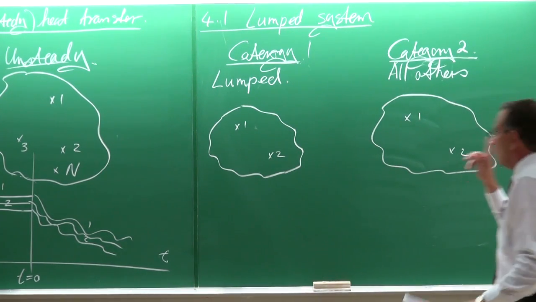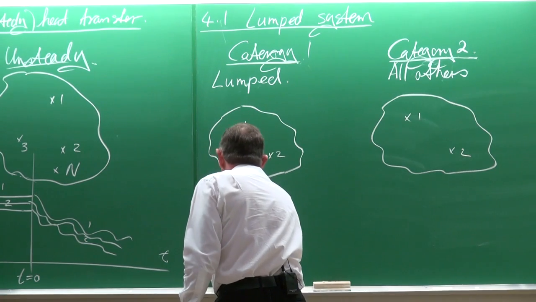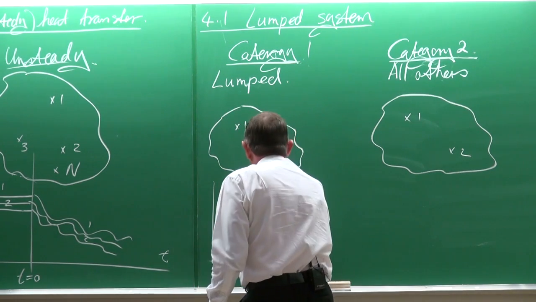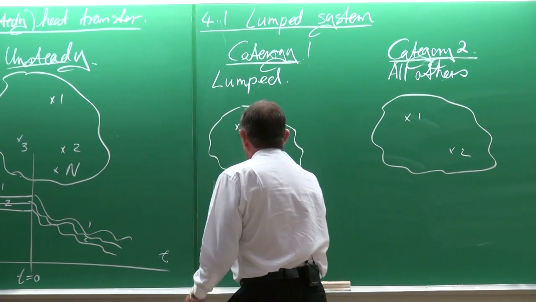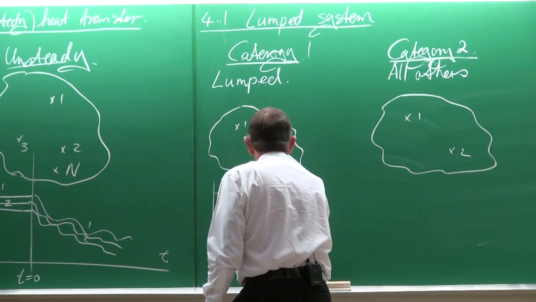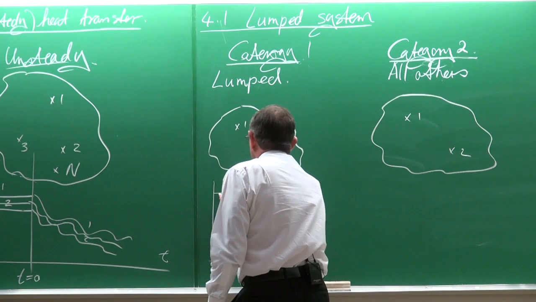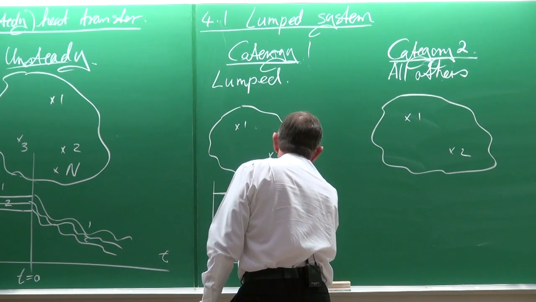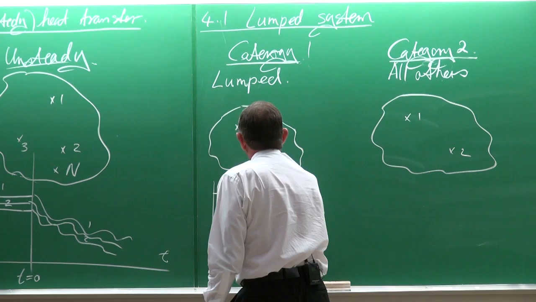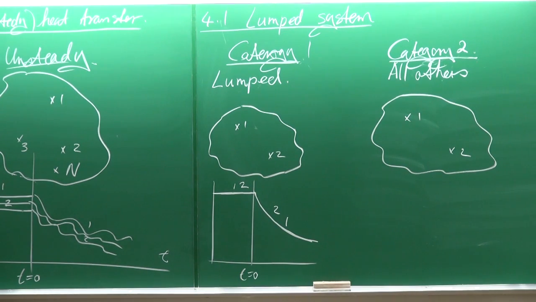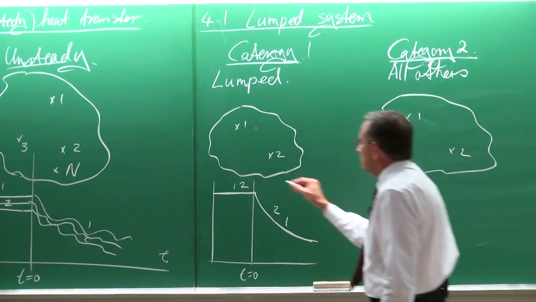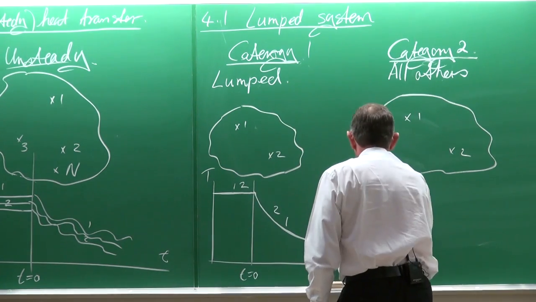Okay. With a lump system approach, if that is equal to t equals 0, the solution is going to look like that. Okay. The solution is going to look like that, of temperature as a function of time.